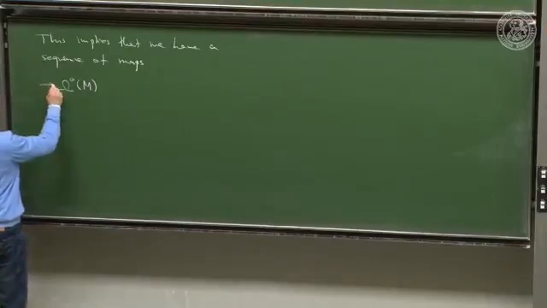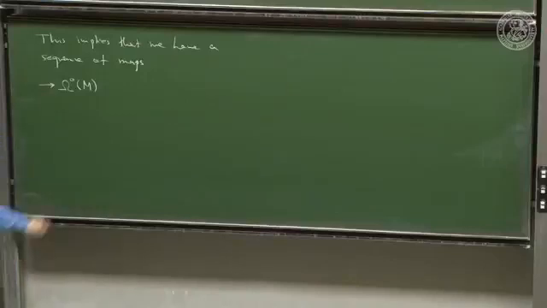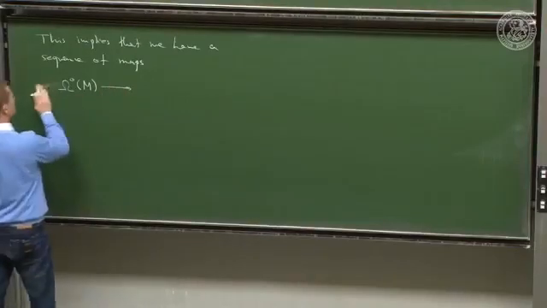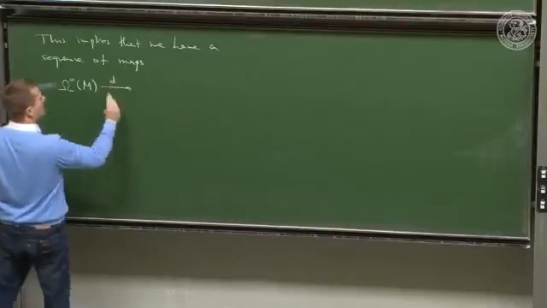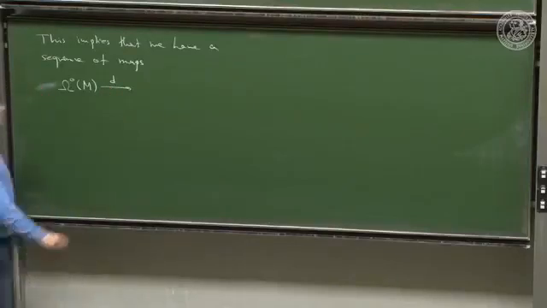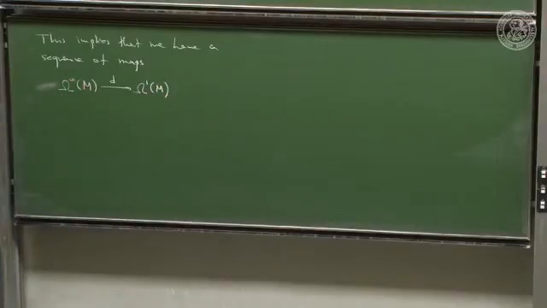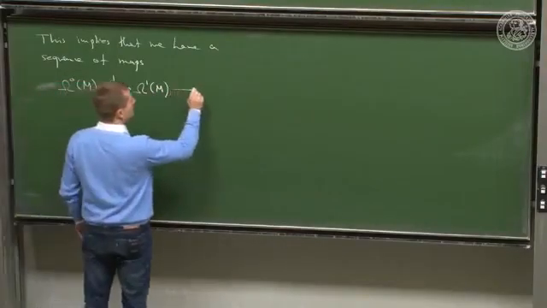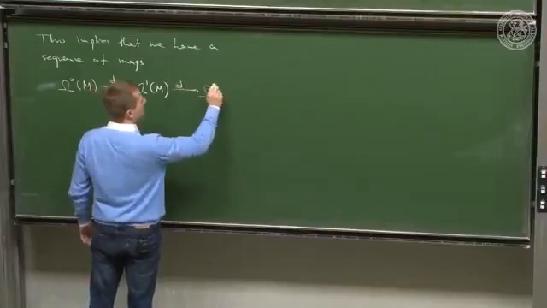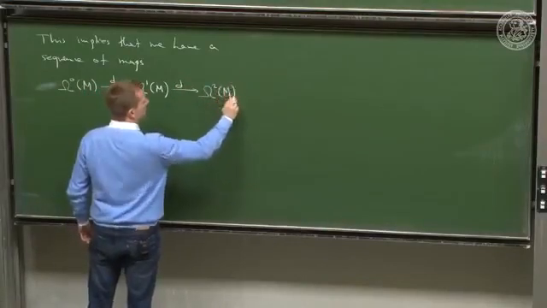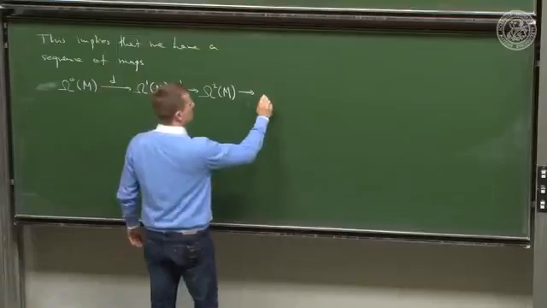But actually, I will have one more space in front of that. Now, if I have a smooth function, so forget this arrow at the moment, I can apply the D, and I get a 1 form, right? I increase the degree by 1. Once I have a 1 form, I can, of course, use again the D and produce a 2 form. And so on it goes, dot, dot, dot.